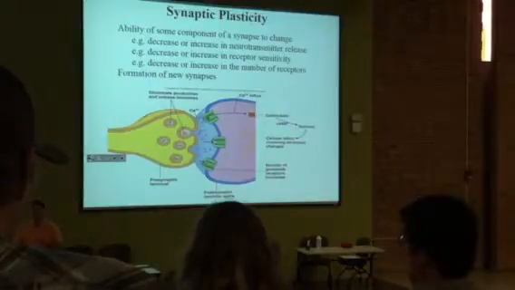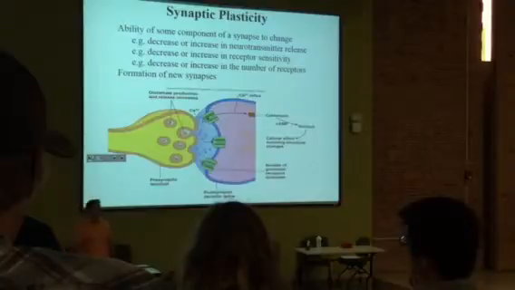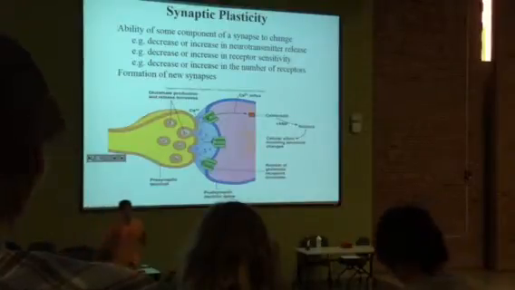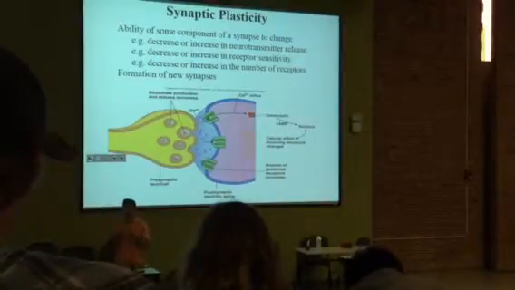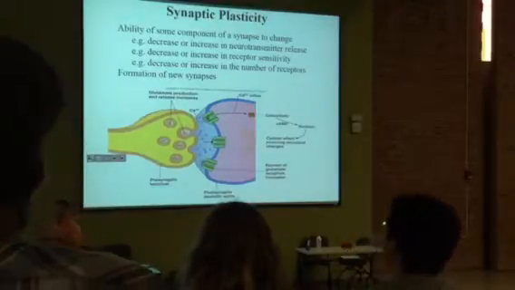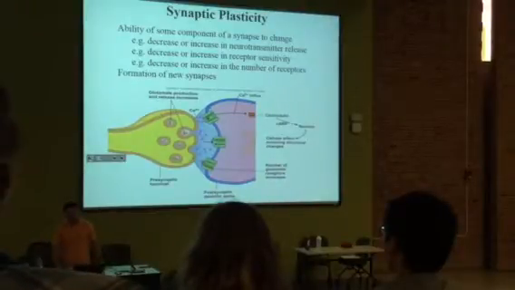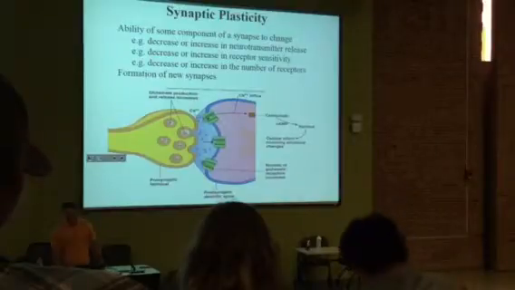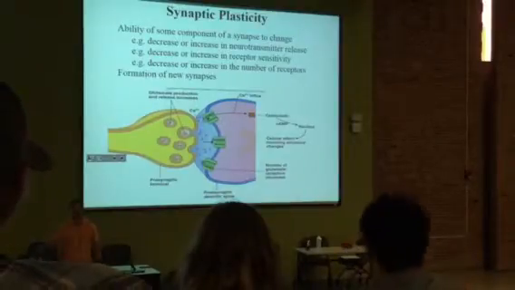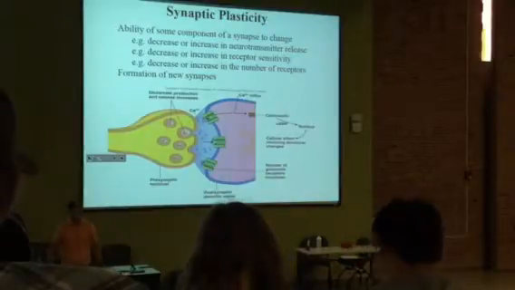That's plasticity. You can have more receptors or less receptors. That's plasticity. There was a change. What was the change? The number of receptors. You can have more or less synapses. That is also plasticity. Okay? So anything that changes at the synapse is considered plasticity. And that's all I'm going to say about it right now. All right, we're going to talk about it again at least a couple of times in the next hour.